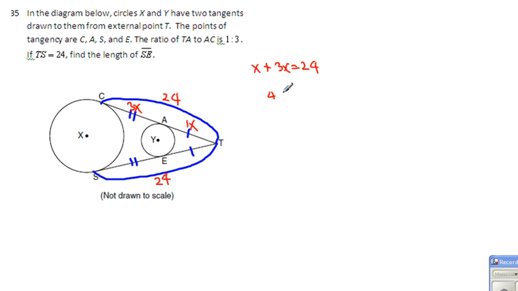Then 4x is equal to 24, and x equals 6. Since we are looking for SE, here becomes 3 times 6. Therefore, we get 18. That is our answer for this question.